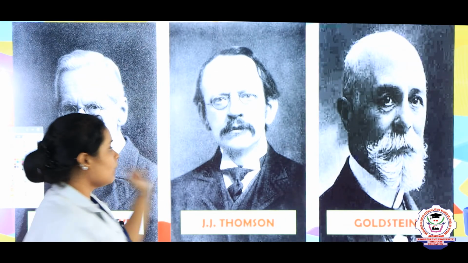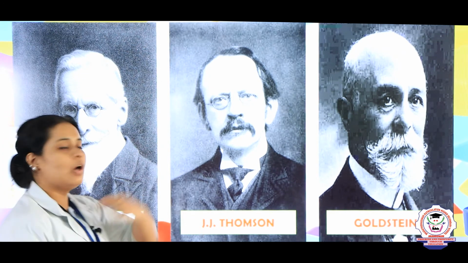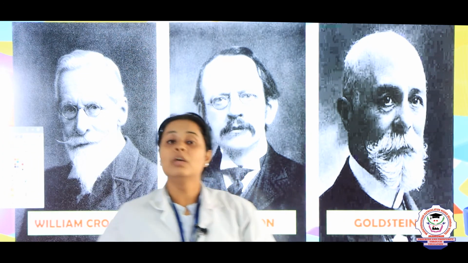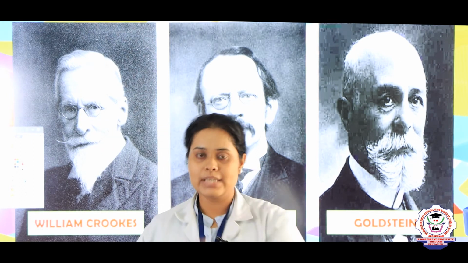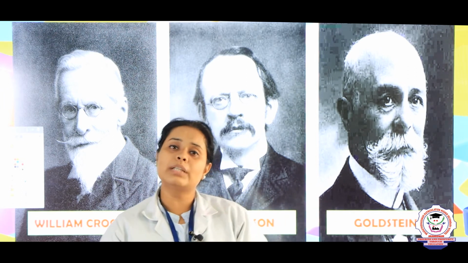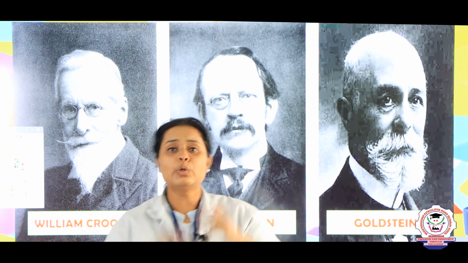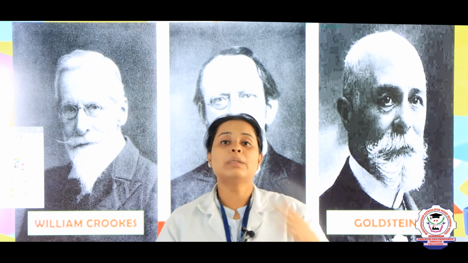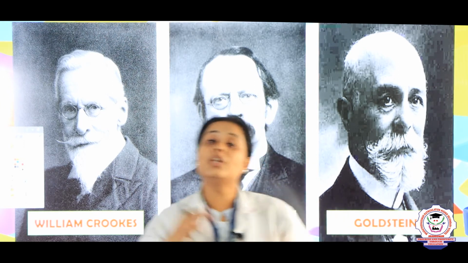Yeah. After that, there were three people named William Crookes, J.J. Thomson and Goldstein. What these people decided was that, okay, the atom is there, but is something there inside or not. So they found out that an integral part of an atom consists of two types of charges, positive charge and negative charge, but they did not know which charge is greater.